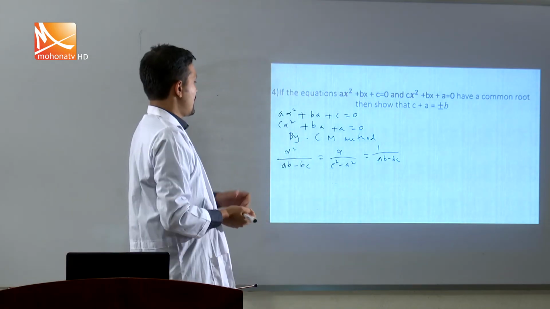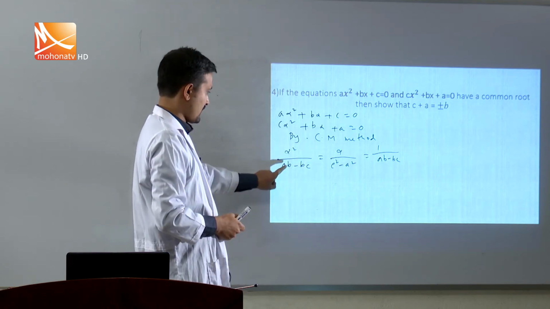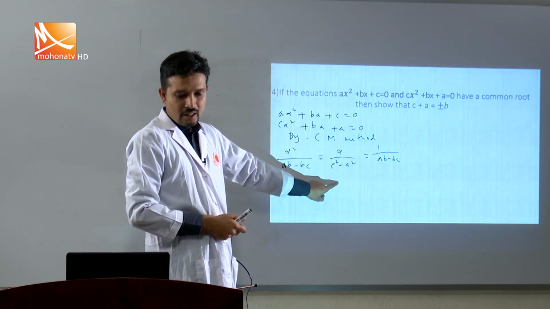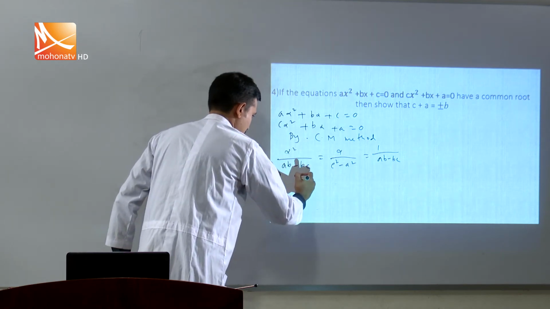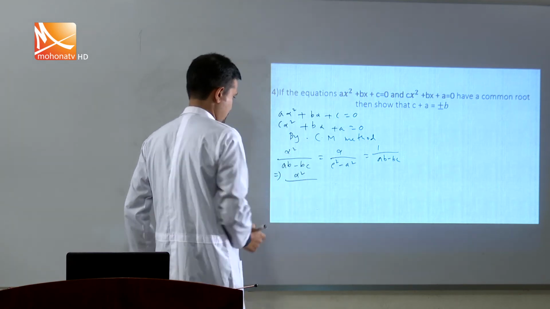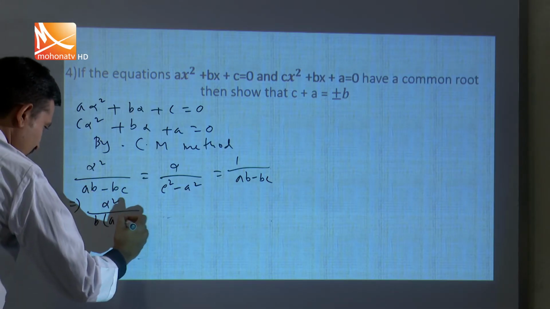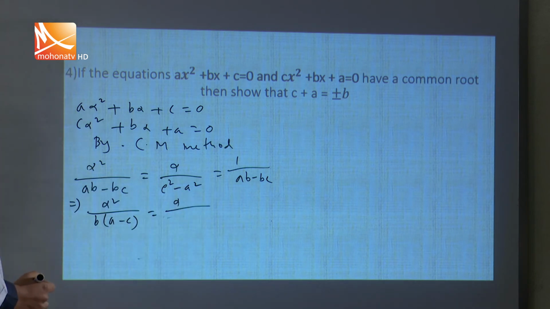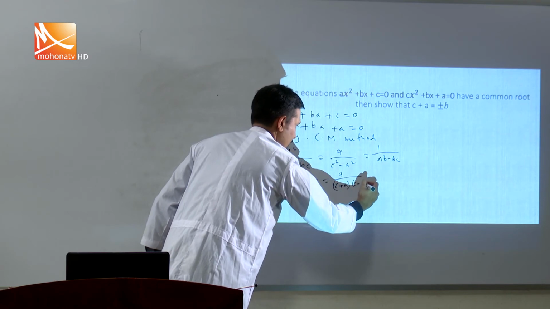From the first and second condition, alpha square by (ab minus bc) equals alpha by (c square minus a square), or alpha square by b(a minus c) equals alpha by (c plus a)(c minus a).